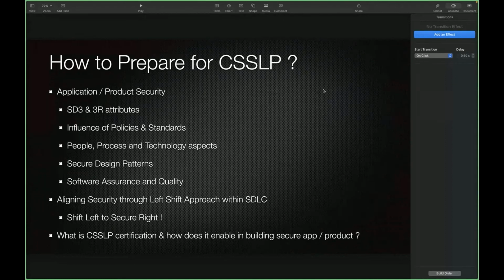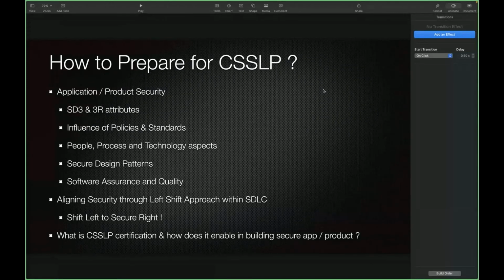whenever we talk about coming up with secure software or a secure application, the security must be built in right from the initial phases of the project.